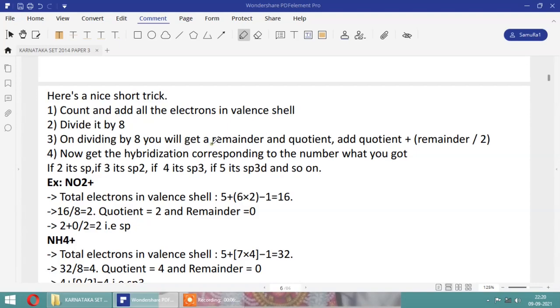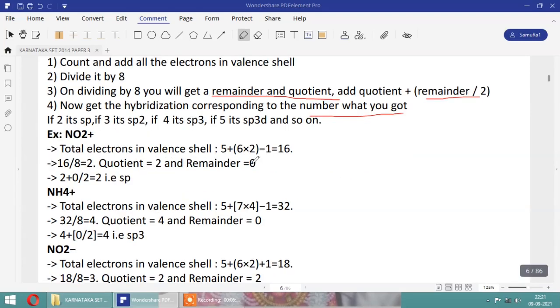On dividing by 8 you will get a remainder and a quotient, and you divide the remainder by 2. This is a shortcut trick to calculate the hybridization. Now you get the hybridization corresponding to the number you got. For example, if the number is 2 it means sp hybridization. If it is 3 it means sp2 hybridization. That is 1 plus 2, 3.